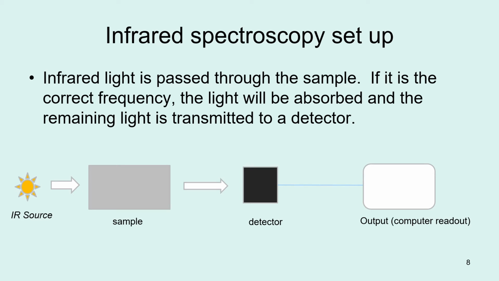Basically, it's shone into the sample, a container that has the sample in question, and if the light is absorbed, then when it comes out the other end, it will be lower in amount, intensity, or how much of the IR. If it's not absorbed, it'll come straight through and you'll get the same amount of energy in the detector as what you started with. But if the sample absorbs the energy, then what comes out the other end will be lower, and then it's detected how much of it was absorbed.